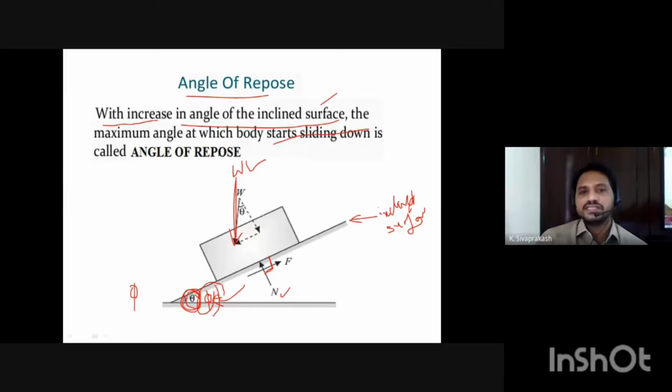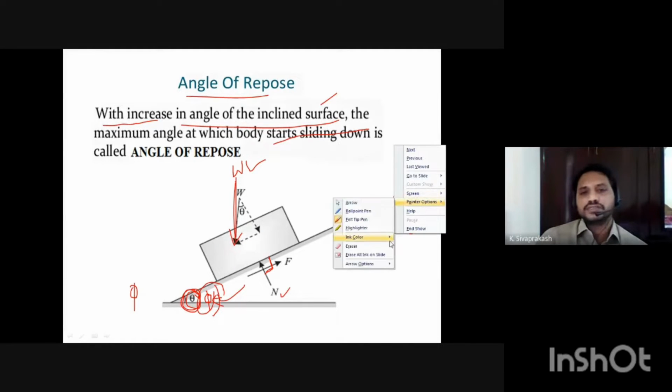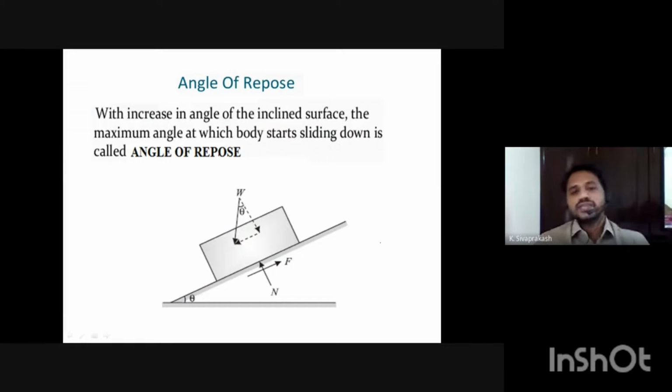That maximum angle is called the angle of repose. So this is about the angle of repose.